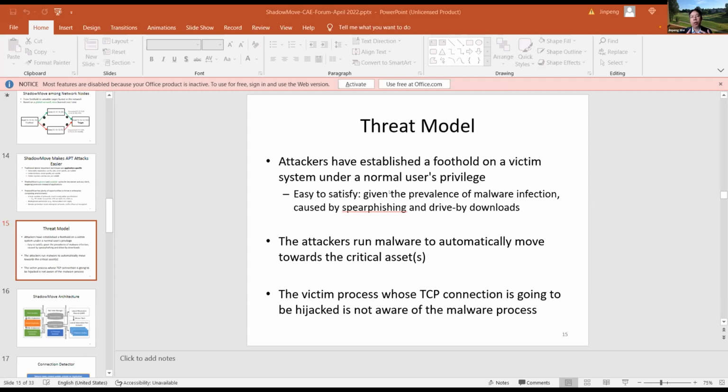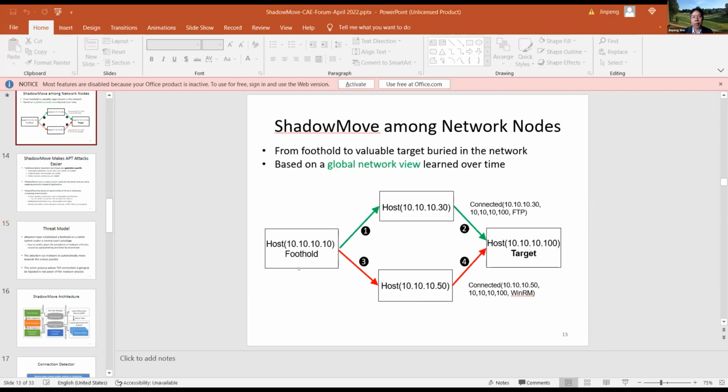Then the other, less ideal idea is to try to do detection. If we cannot prevent this from happening, then we can do better detection. But this detection has to be more holistic, so we have to collect information from multiple nodes involved in this process, and then look at traffic patterns to see if anything is suspicious.